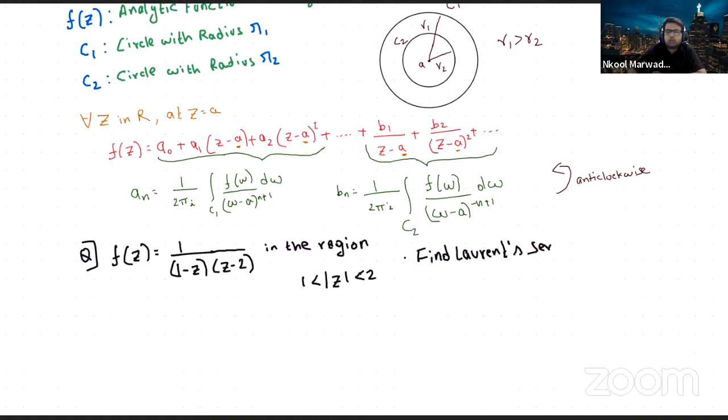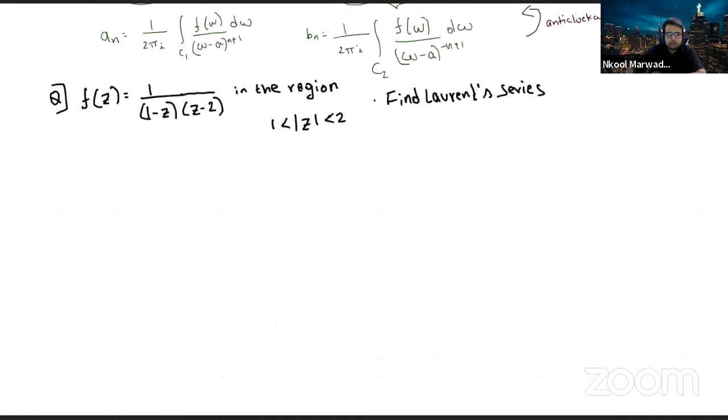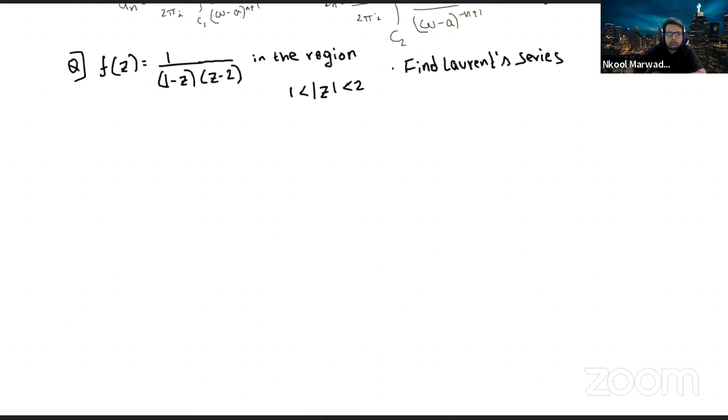Okay. So let us give it a try, like how to do such questions. In this question, the function is given to us, and the interesting thing is the region.